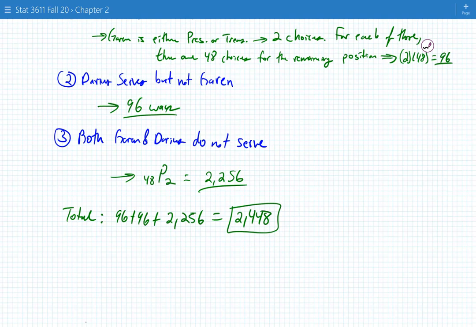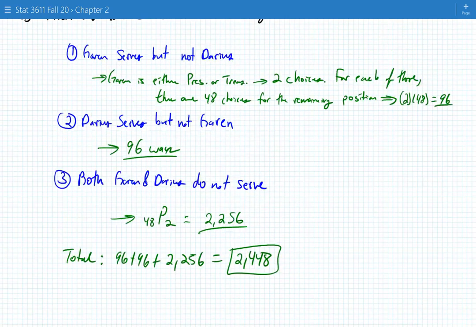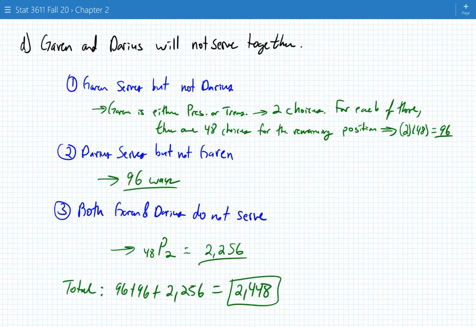So these questions can get a little bit more complicated, especially when you have multiple cases to consider. I'll mention something like this last part, part D, where you have something like Garen and Darius will not serve together. And you have 3 disjoint cases.